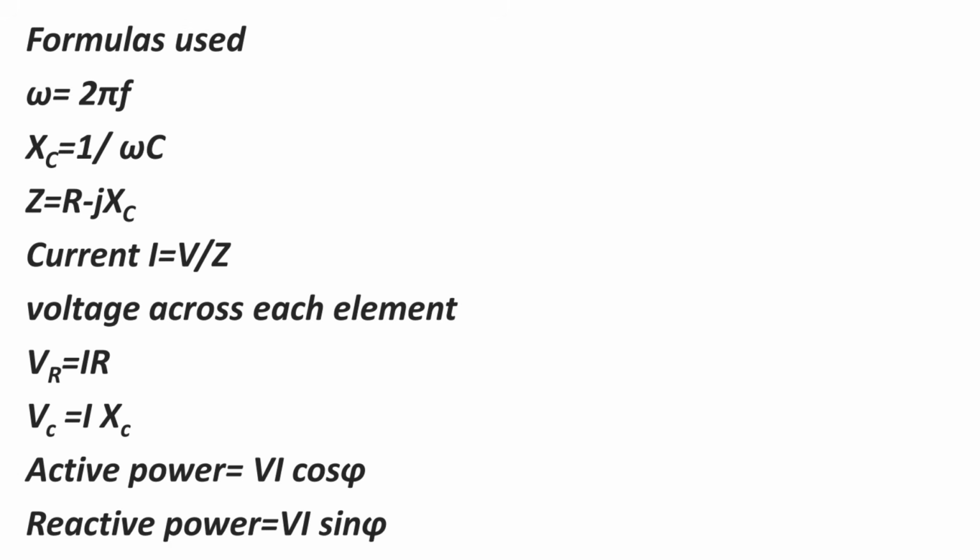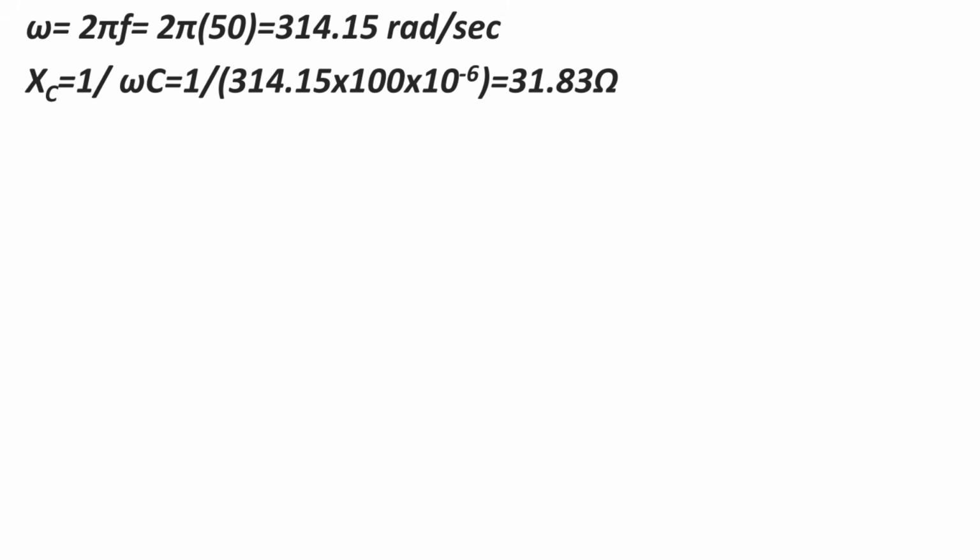The formula for active power is VI cos phi and for reactive power is VI sin phi. Now by substituting, omega equals 2 pi into 50, which equals 314.15 radians per second.